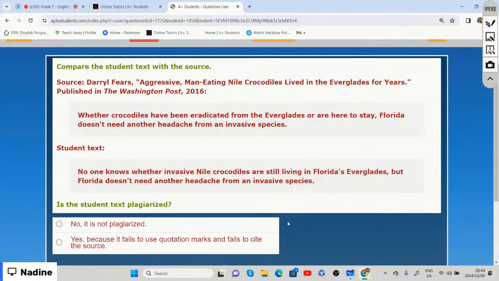Here we have another one where we need to compare the student's text with the sources, right? And remember, we do the comparison so that we can see that you know how and when to add a specific source. Because whether you get something from the internet, a magazine, or a book, you have to quote from where you got the specific article.